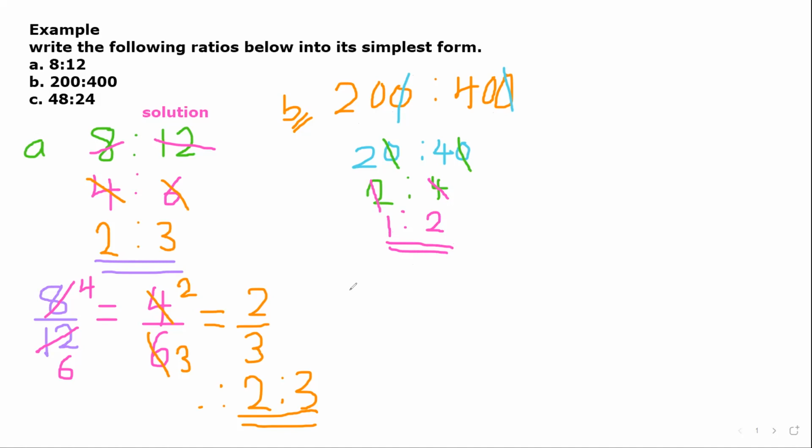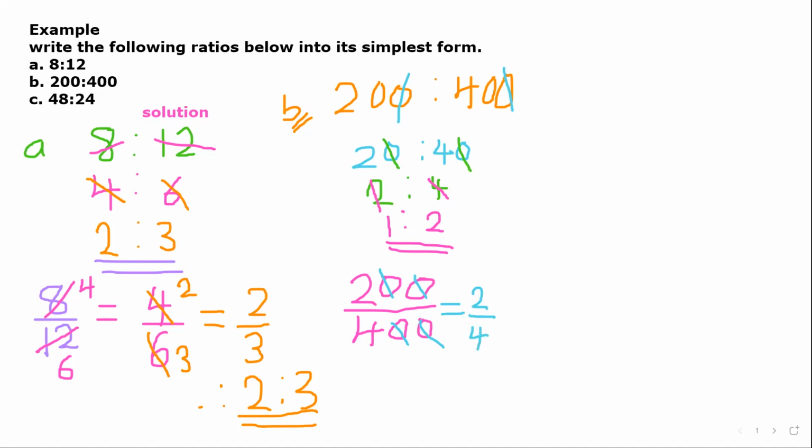It's either you turn them into fraction, you get 200 over 400. If you want to use the fraction way to cancel, then the last 0 here will cancel the last 0 here. The last 0 here will also cancel the last 0 here. Now we have 2 over 4.